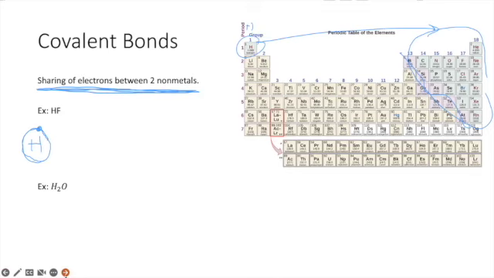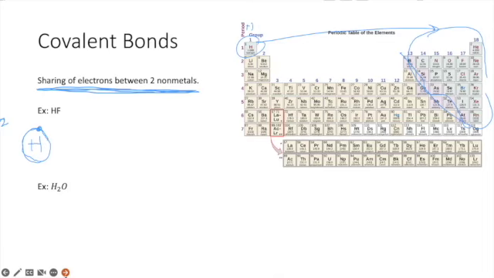He never wants to give away this electron because hydrogen's only looking for 2 in its outer shell. It's all it can hold. Hydrogen does not have another shell underneath this. If he gives away that electron, that's all he has. He doesn't have any electrons left, which is really bad. He needs at least 1, and he wants 2.